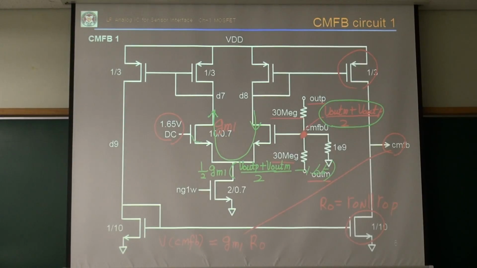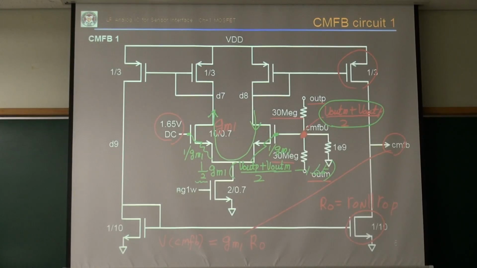Because I have one GM1 here and another GM1 there, so I have two GM1 resistors between this gate node and that gate node. That's why I have just one GM1 here.